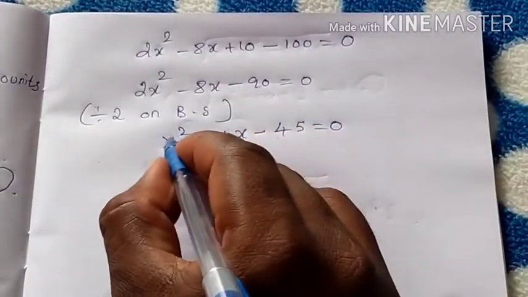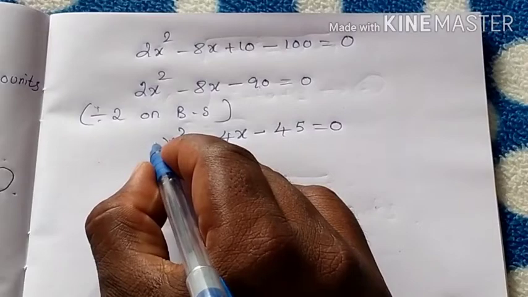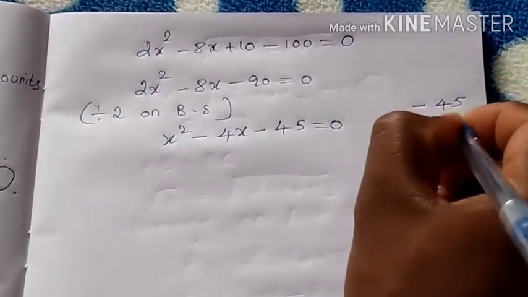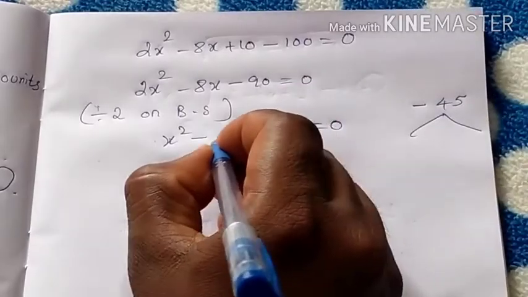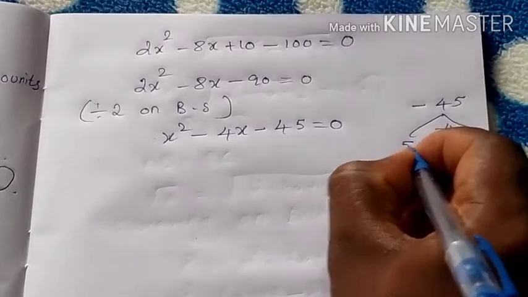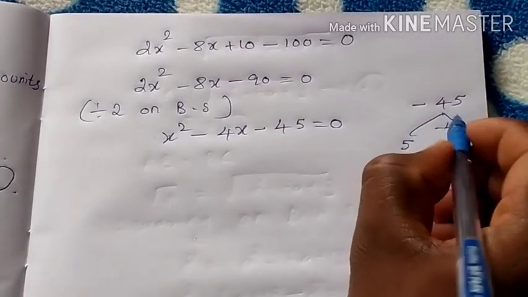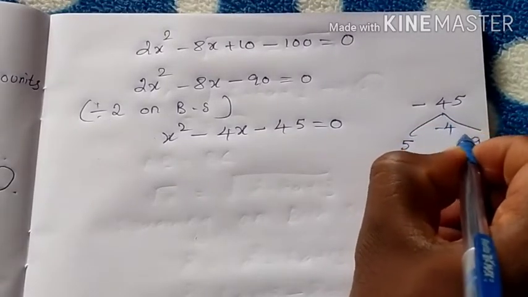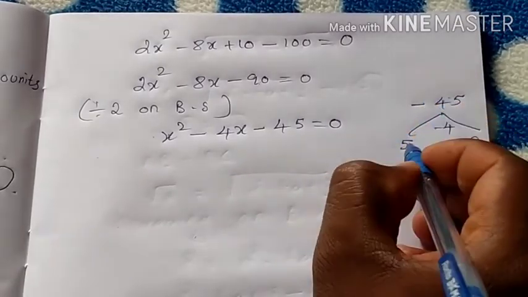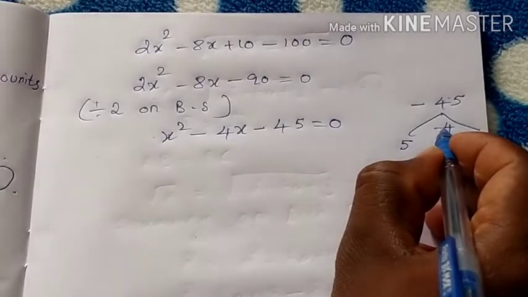So making the factorization, the x squared coefficient is 1, 1. The product is minus 1 into 45. Then the middle term coefficient is minus 4. 5 nines are 45. Then minus 4 we need, so minus 5 nines are 45, 5 minus 9 is minus 4.